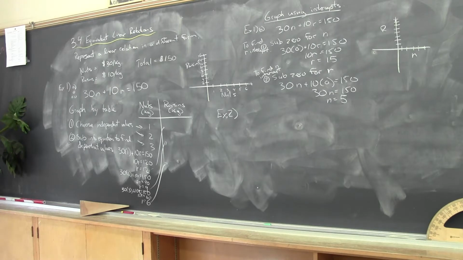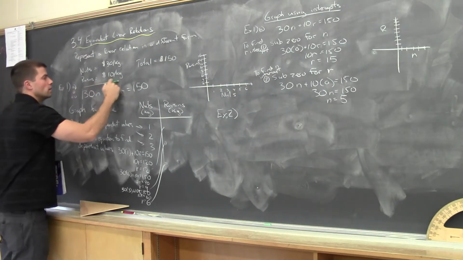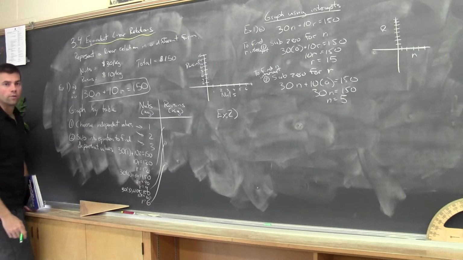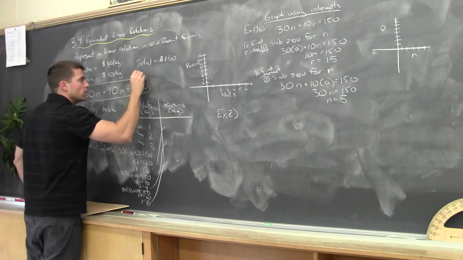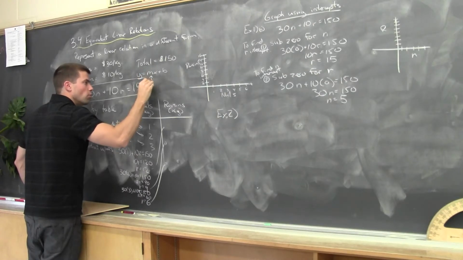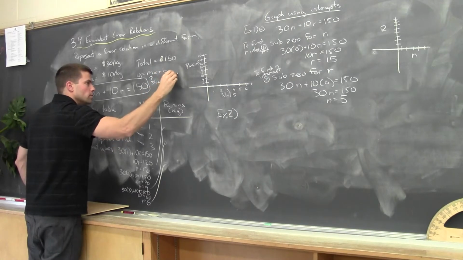So let's see. The goal is to represent a linear relation in different forms. So we're looking at different styles of writing the equation of a line, which we know the proper way we like to write it, or we like to see it, is y equals mx plus b, where m is our slope, and b is our y-intercept.